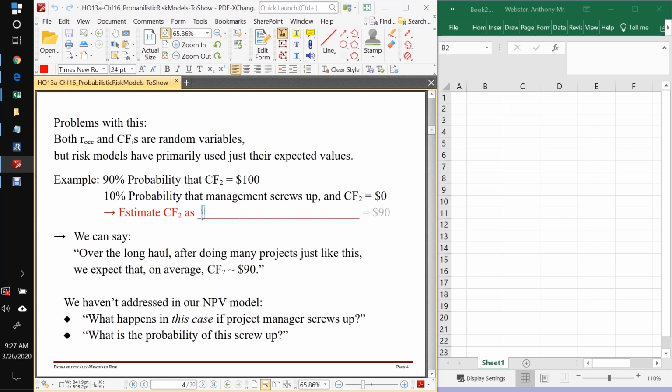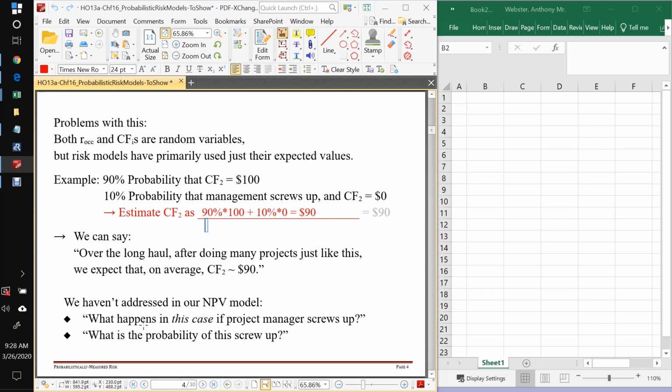So in a case like this, we would estimate as a single point estimate our cash flow 2 as 90% times 100 plus 10% times 0, and that's equal to, of course, 90. And that allowed us to say something like, over the long haul, if we do a lot of projects just like this one, we expect on average that cash flow 2 would be $90.